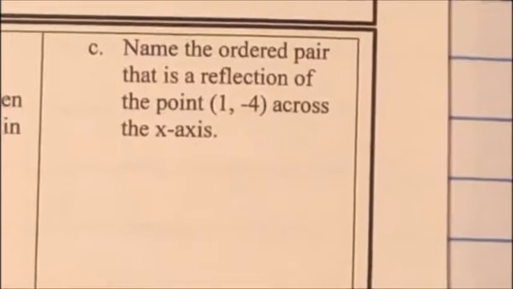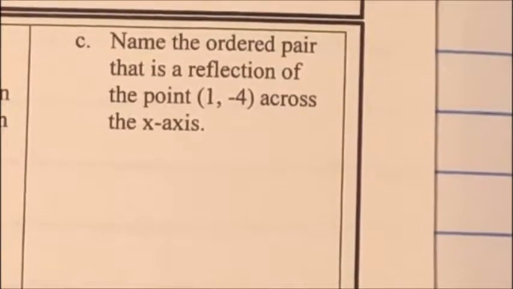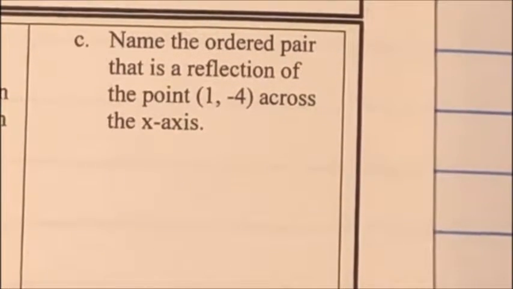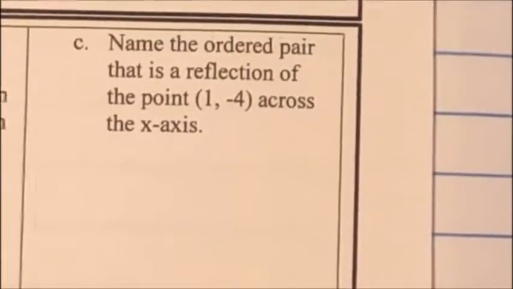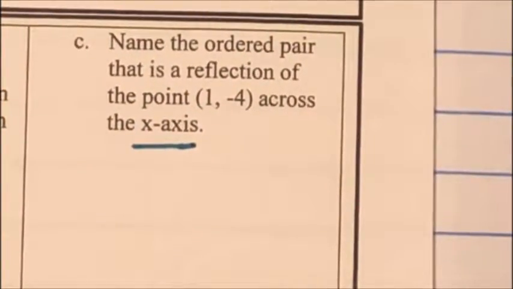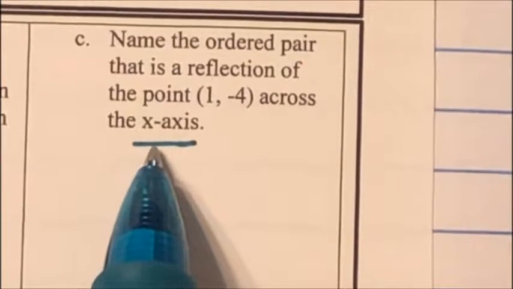Okay. Letter C says name the ordered pair that is a reflection of the point (1, -4) across the x-axis. Okay. So this means my x stays the same because I'm reflecting across the x.